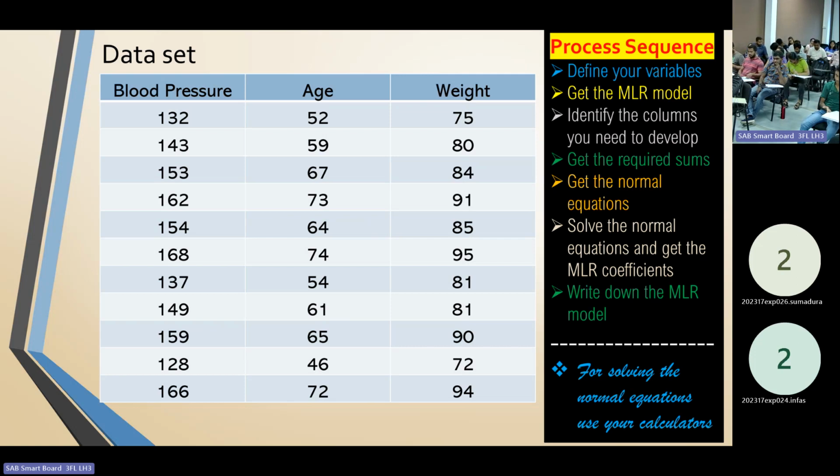So when you take down the data set, leave maximum space on the right side because you have to develop several columns: X1 Y, X2 Y, X1 squared, X2 squared, X1 X2, right? So 6 columns you have to develop.